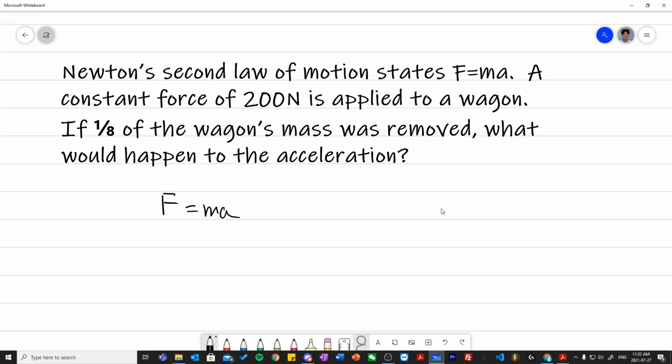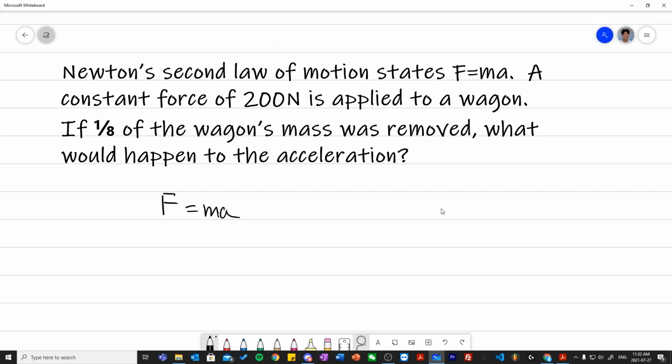How'd you figure that out? I want to hear. Well, since it says that 1/8 of the wagon's mass is removed, then to make it even, it has to be times 8.